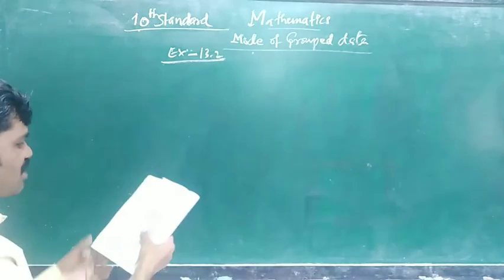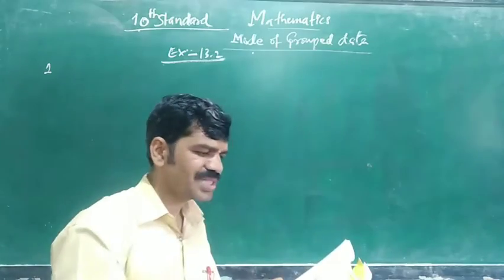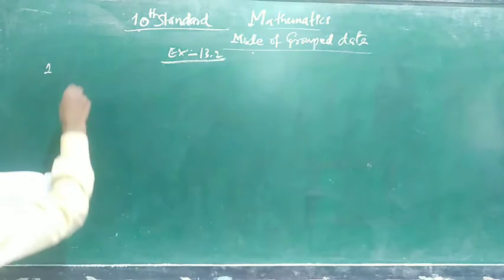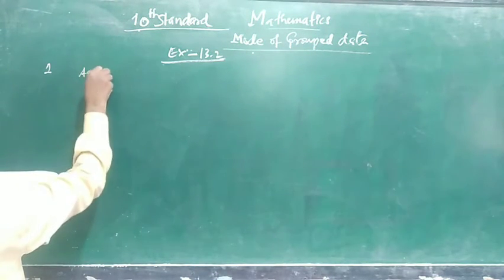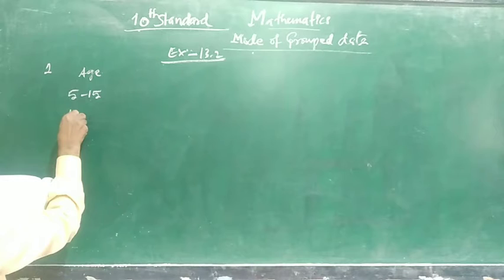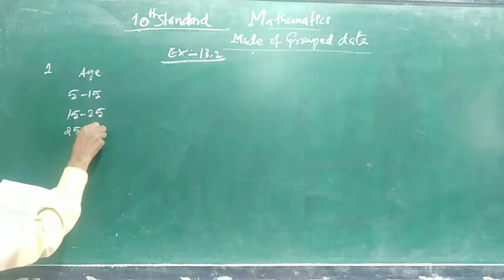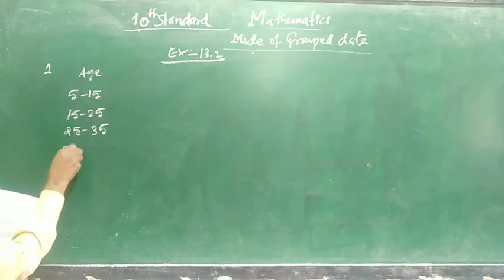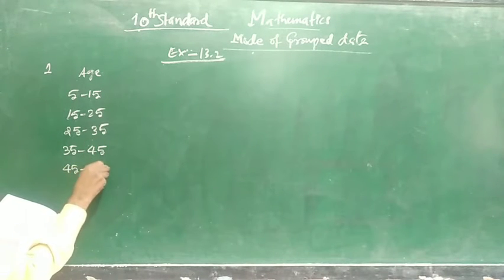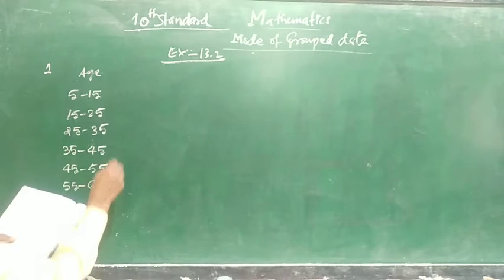13.2. In that, the very first question: The following table shows the ages of the patients admitted in a hospital during the year. Age: 5 to 15, 15 to 25, 25 to 35, 35 to 45, 45 to 55, 55 to 65.